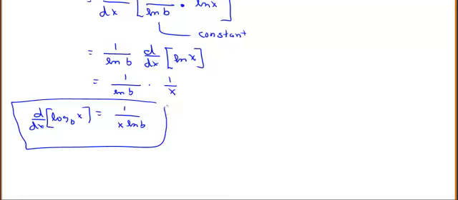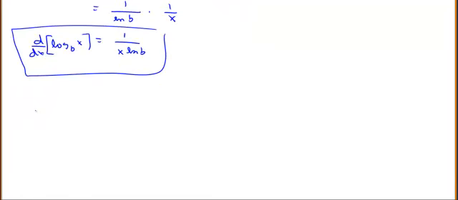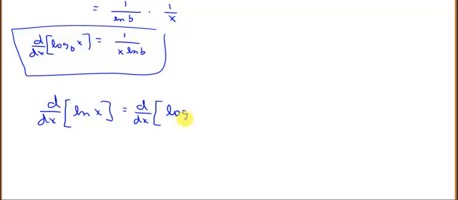All right? Notice a couple of special cases. First, the derivative with respect to x of the natural log of x. We know what that is. But let's take a look at this. This is going to be the derivative with respect to x of the log. Remember, the base of the natural log is e, log base e of x.